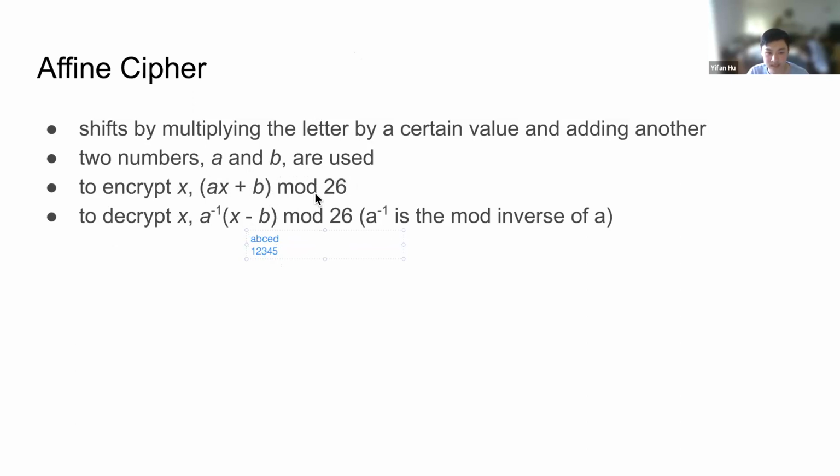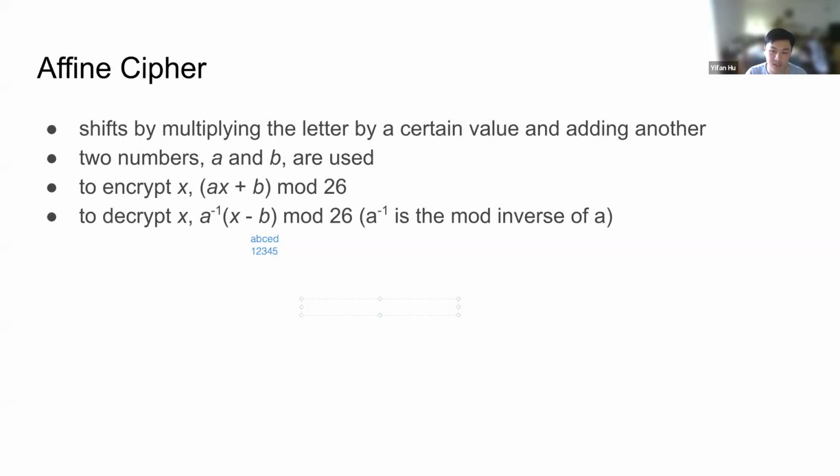Mod 26 is so you don't go over, because if you have a later letter in the alphabet, like for example Z is 26, or Y is 25, then when you multiply it by a number, it'll get really high.